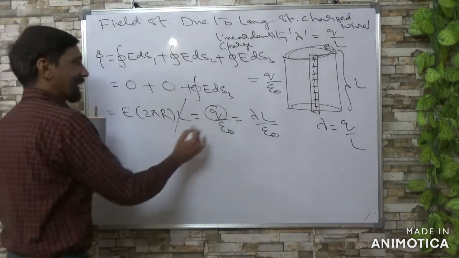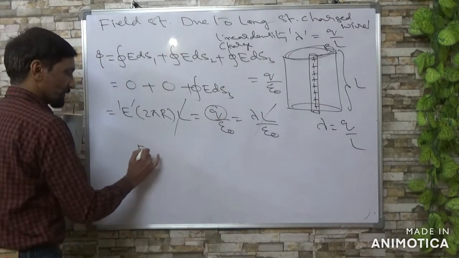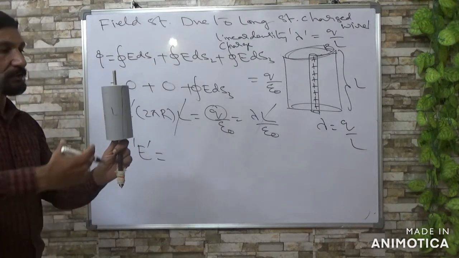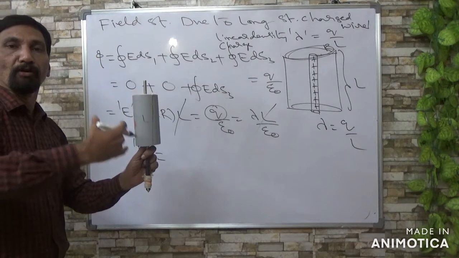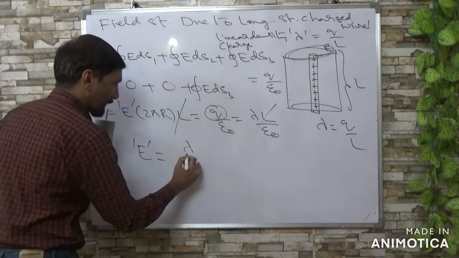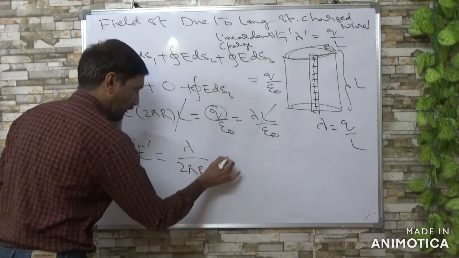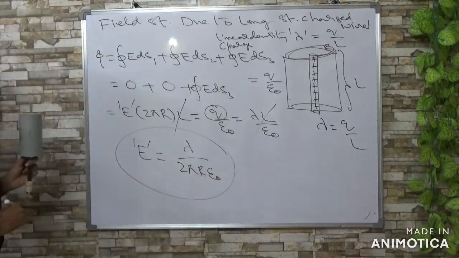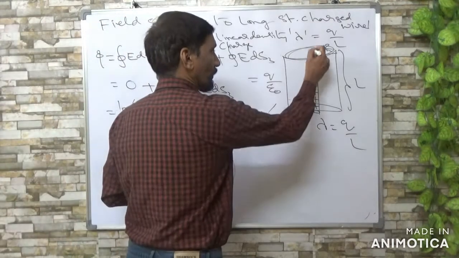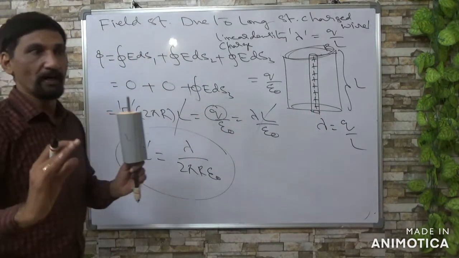So L cancels. Then E, the strength of the electric field due to this thin, long, uniformly charged wire, is lambda by 2 pi r epsilon naught. So this is the field strength due to this long, infinitely charged wire.